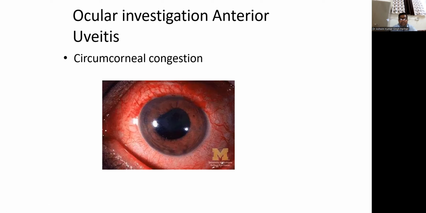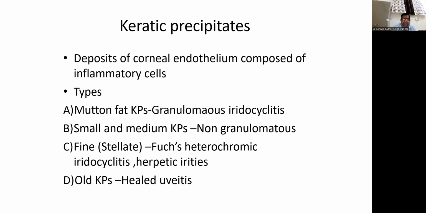So the patient can have circumcorneal or diffuse conjunctival congestion, or both. You can see the other features of uveitis, like an irregularly dilating pupil or a fixed dilated pupil. These are the keratic precipitates which I have already mentioned, the different types of KPs which will be present in different conditions.